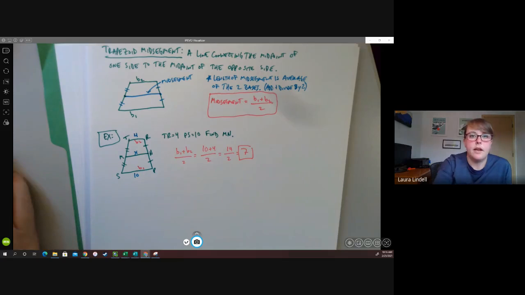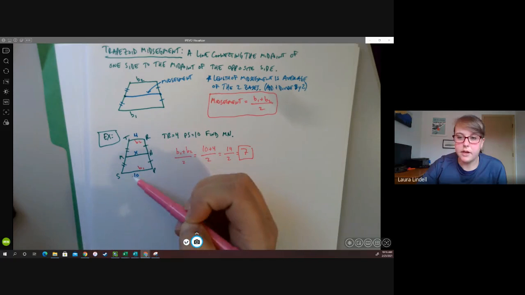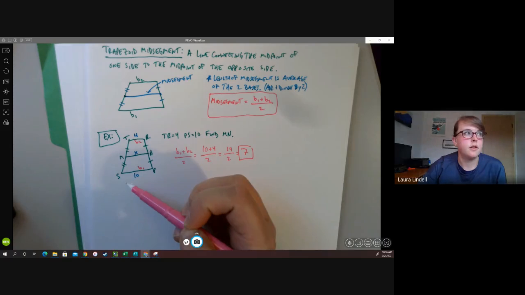Okay. Any questions on that one? Any numbers we're not sure where they came from? Any steps we're not quite sure how they work? Okay. So hopefully that one's fairly straightforward. Add the two together, cut it in half. Let's do another one.